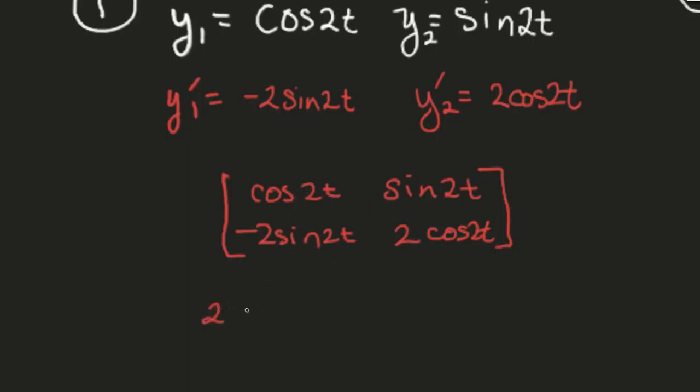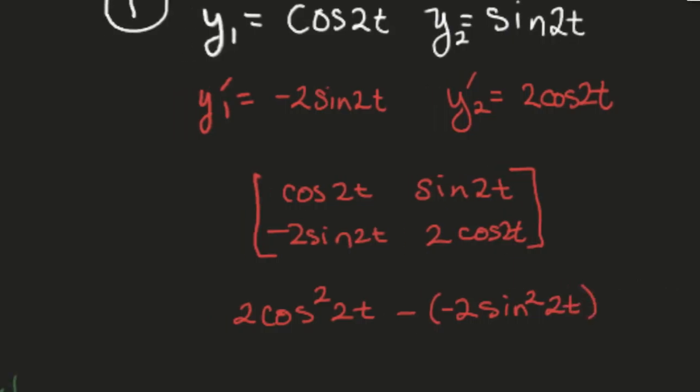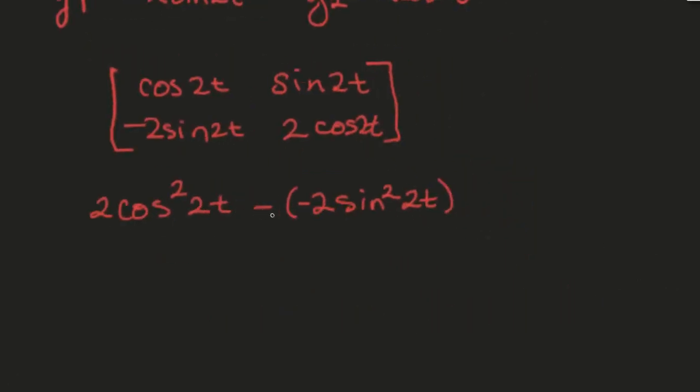So it'd be this times this, minus a negative 2 sine squared 2t. And if we simplify that a little bit, we can change that to a 2 plus, factor out the 2.